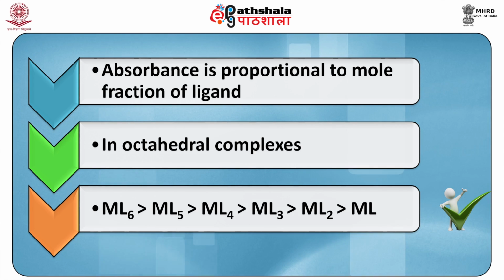Thus, in octahedral complexes, the absorbance follows this order: ML6 complex greater than ML5, which is still greater than that for ML4 complex, then ML3, then ML2, and finally ML metal-ligand bonding. Here, L is a monodentate ligand, for example ammonia.